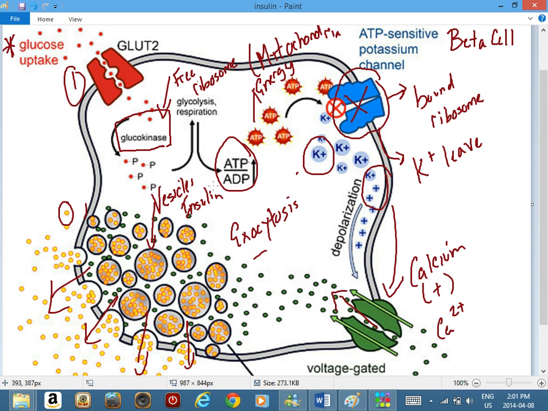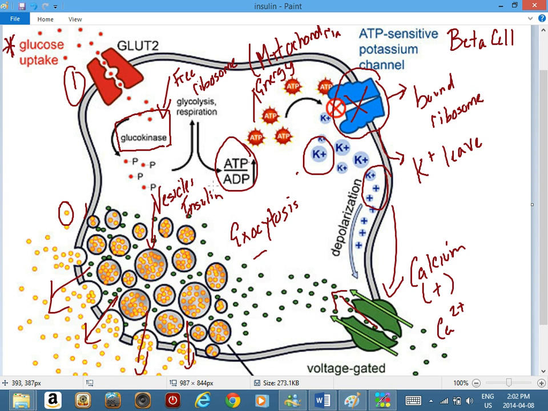So now you can see like a domino effect. The glucose comes in, gets converted to energy, the energy by the mitochondria, the energy closes the potassium channel, the voltage changes, calcium comes in, that triggers the release of insulin.